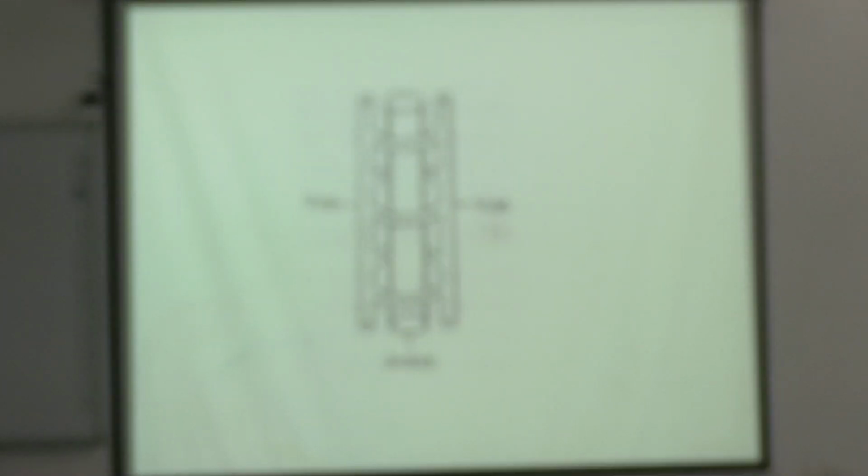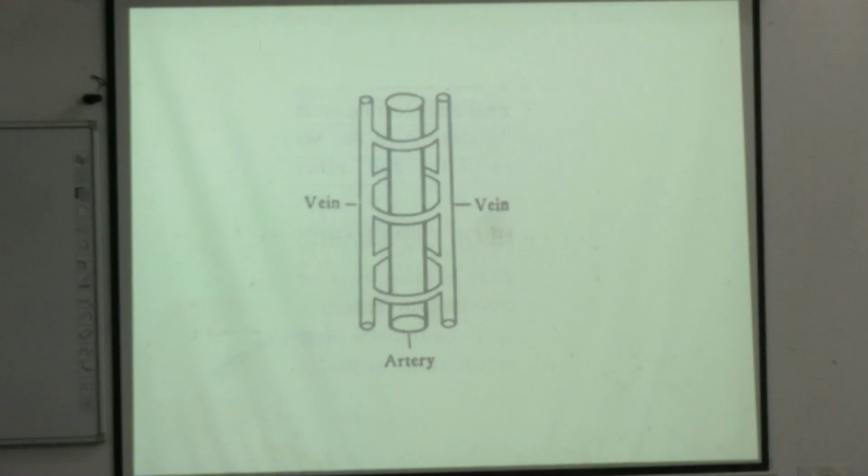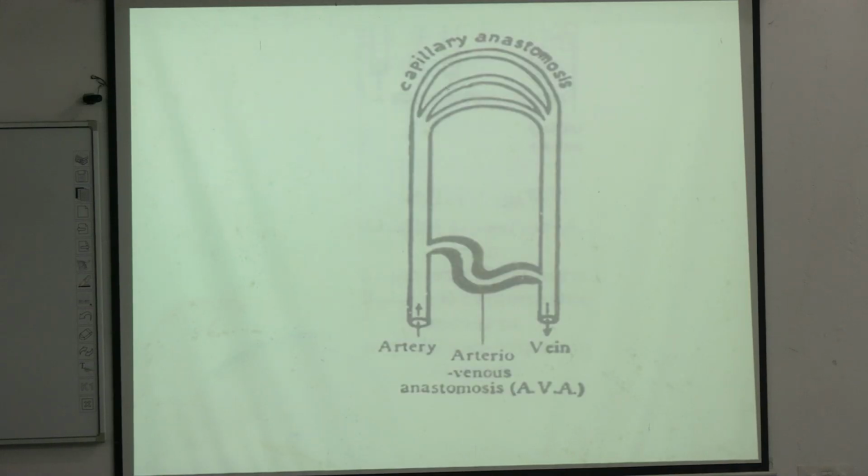Veins of the body. See, vein, this is the artery, it's in circle. Now, capillary anastomosis. See, this is the arteriovenous anastomosis. This is the vein, this is the artery.